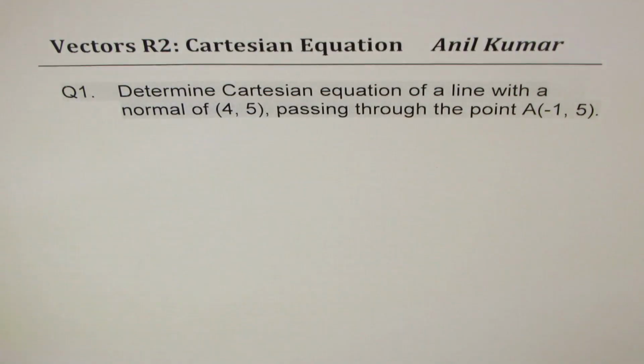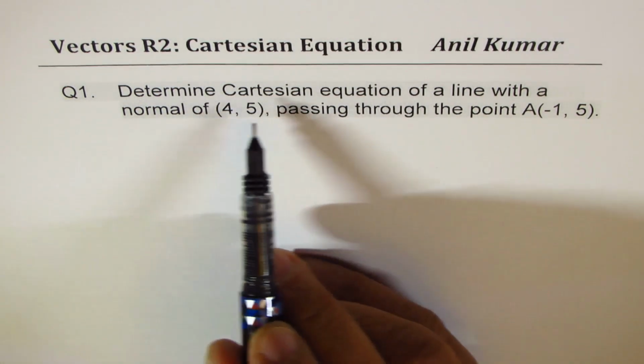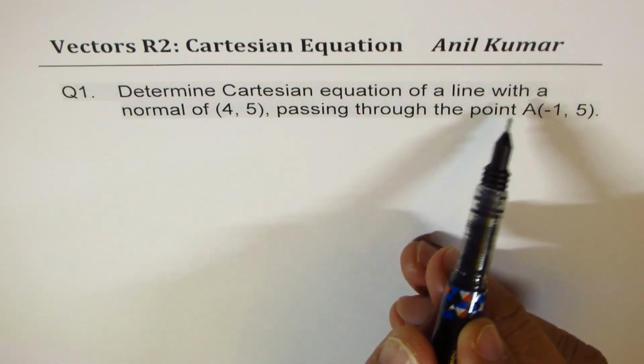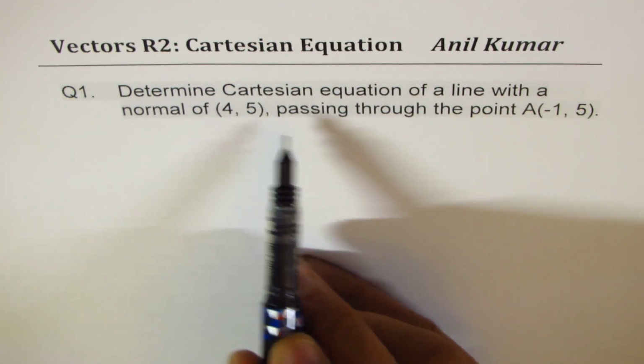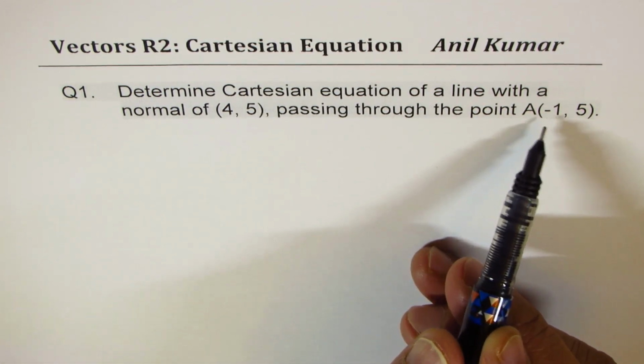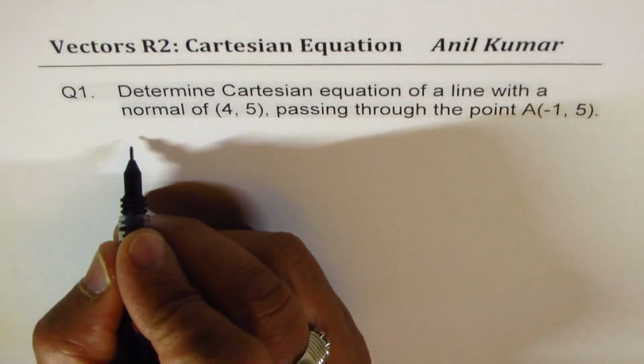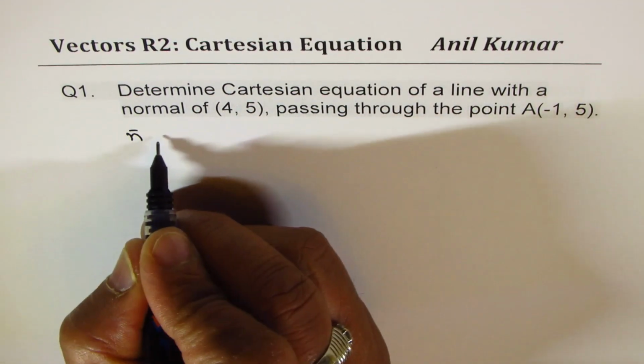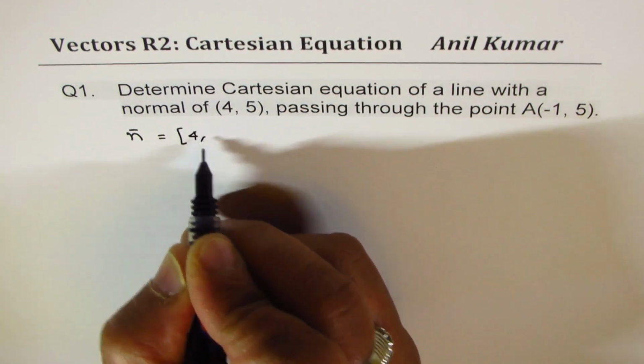We'll now work with a few examples. Example number 1. Determine the Cartesian equation of a line with normal (4, 5) passing through the point (-1, 5). So what we are given here is the normal, which is (4, 5).